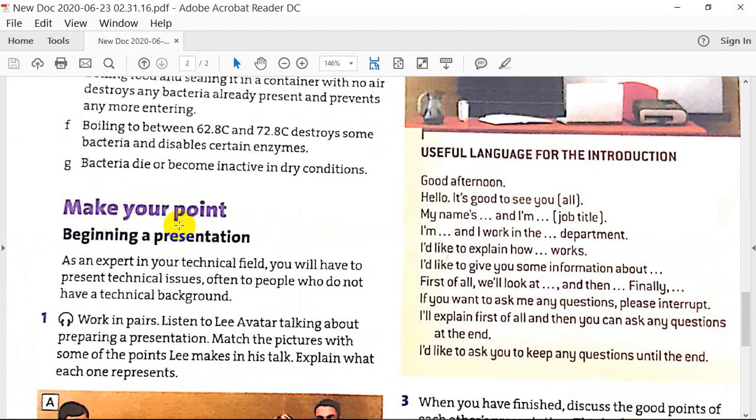Make your point means to say your opinion, your point of view, and what you know about something, how to present this thing for the people in front of you, how to introduce a material, how to speak about it and give them knowledge about something.